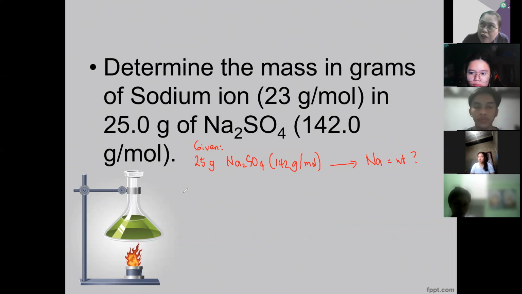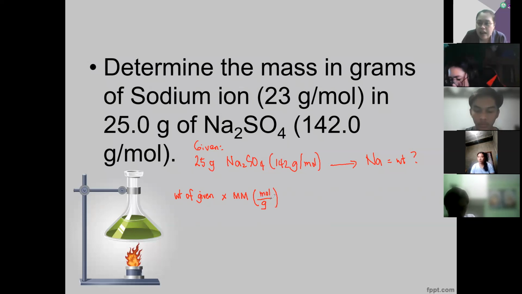This is my pattern kasi wala talagang formula ito sa chemistry. Gumawa na lang ako ng pattern for this. So this is here the given. So weight of the compound or weight of the given. Tapos i-multiply natin siya sa kanyang molar mass. Pero yung molar mass niya, baliktad. Yung grams nasa baba, yung mole nasa taas. Okay?